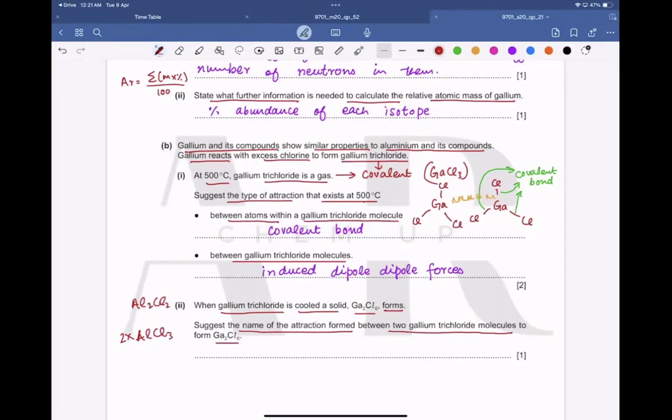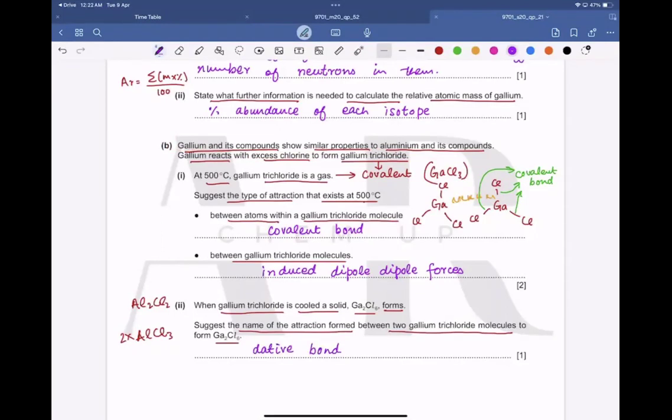So see, they have given you the hint over here. Whatever properties you have studied for aluminium, you are going to apply those over here. So the answer would be coordinate bonding or dative bonding for this part. Is this clear to all of you? Either you can write coordinate bond, it is also correct, or you can write dative bond, it is also correct.